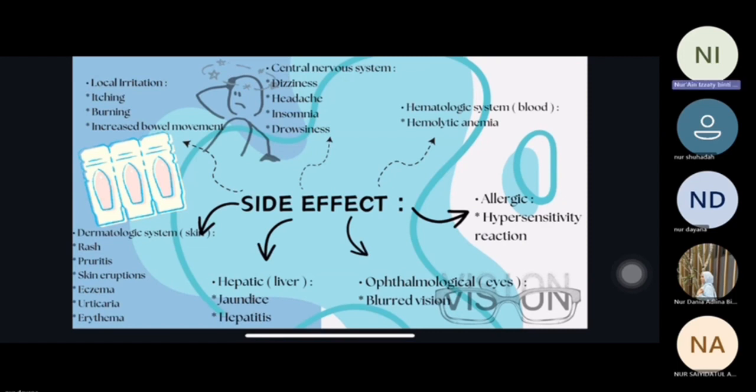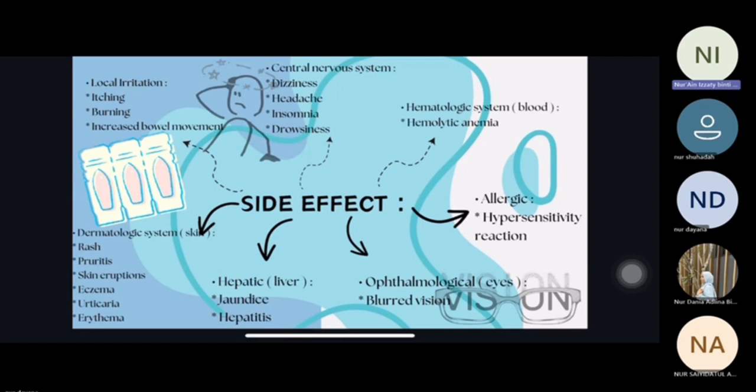Voren suppository side effects: one, local irritation, can cause itching, burning, and increased bowel movement. Next, central nervous system, can cause dizziness, headache, insomnia, drowsiness.